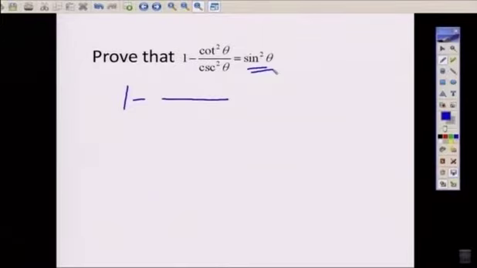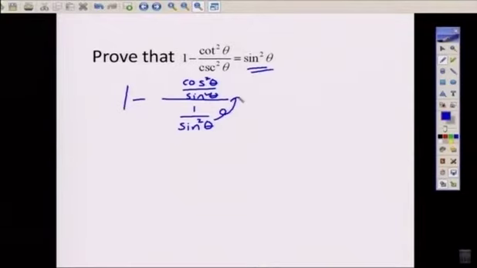So cotangent is cosine over sine. But since the cotangent is squared, we have to square both the sine and the cosine. Now cosecant is 1 over sine, but since it's cosecant squared, it would have to be 1 over sine squared.